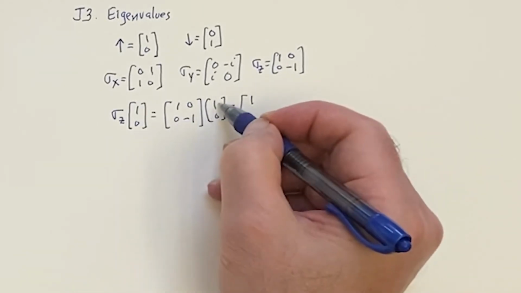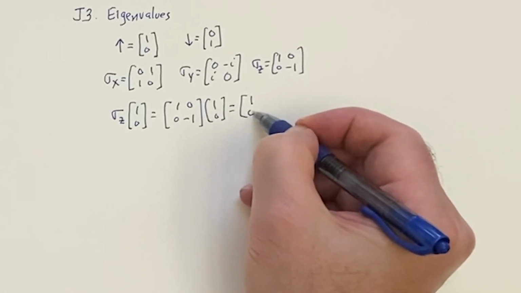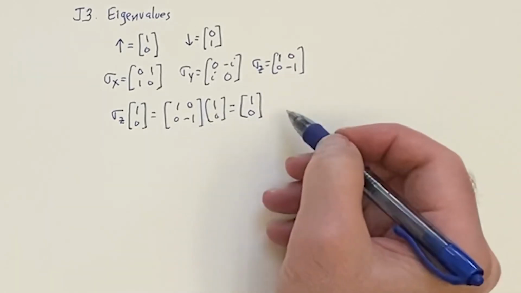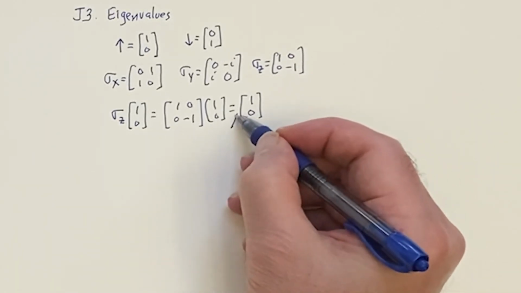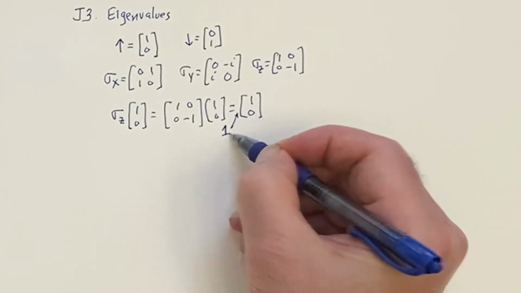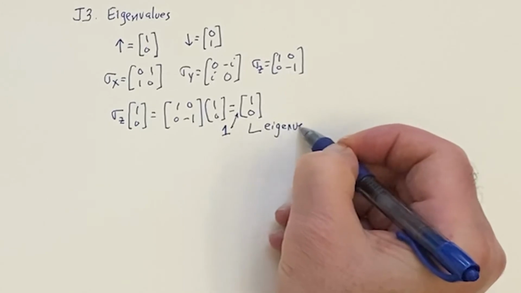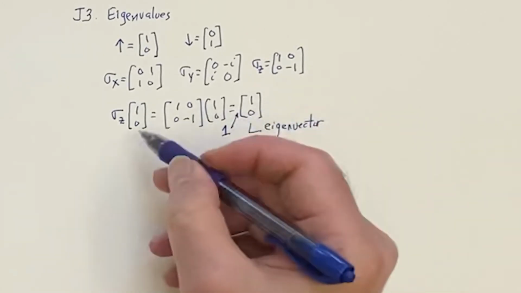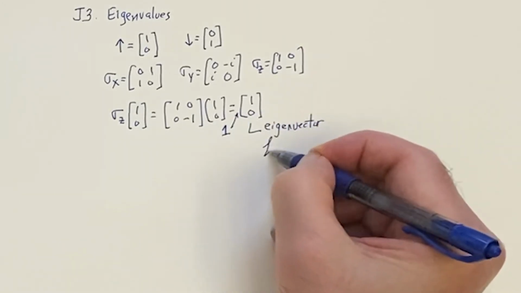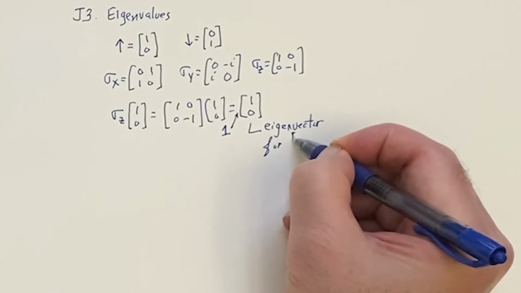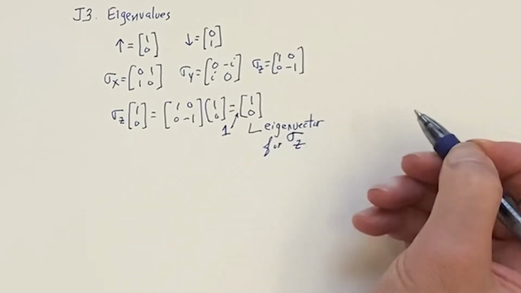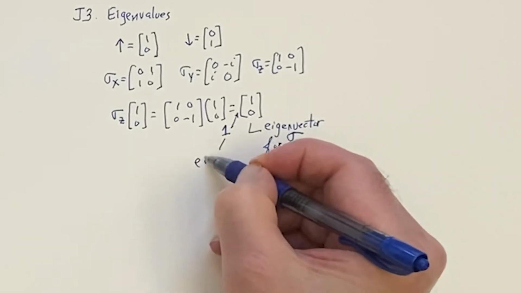And then if you go 0 times 1 plus minus 1 times 0, you get this. You get the same thing back, and the coefficient in front is a 1. So we call this an eigenvector for this operator. That's the eigenvector for the sigma z. And this is called the eigenvalue.